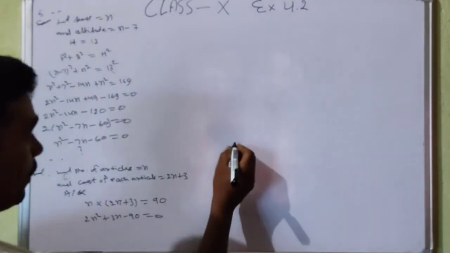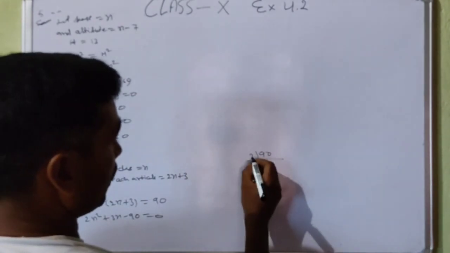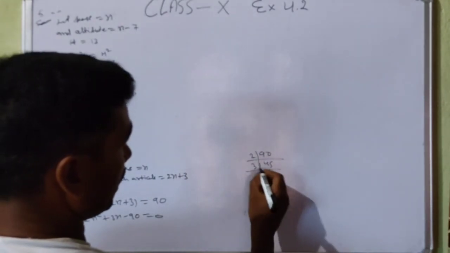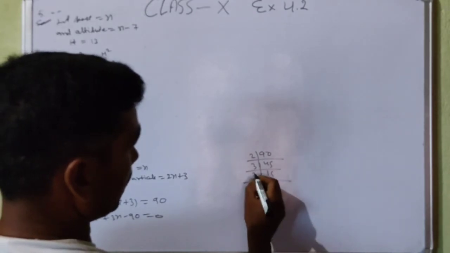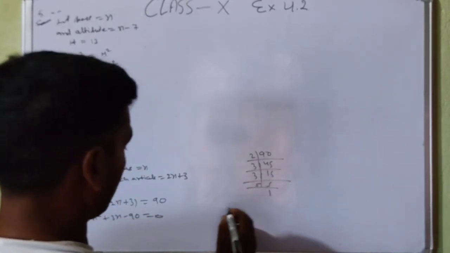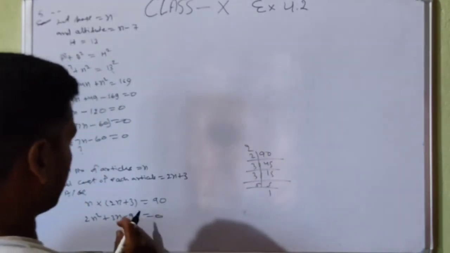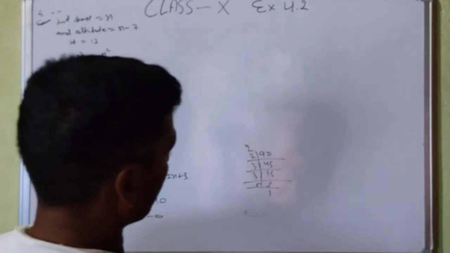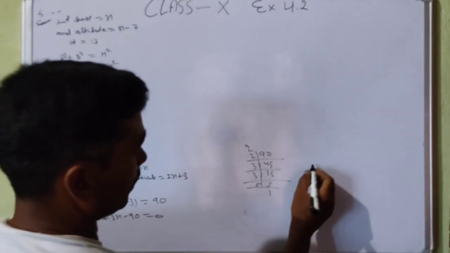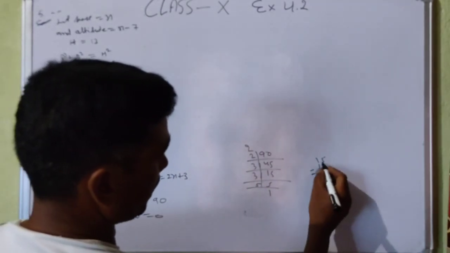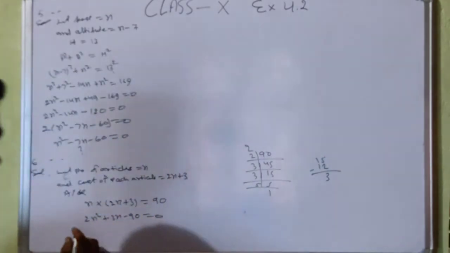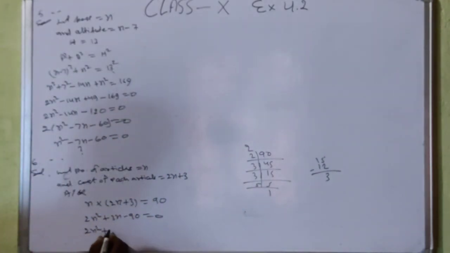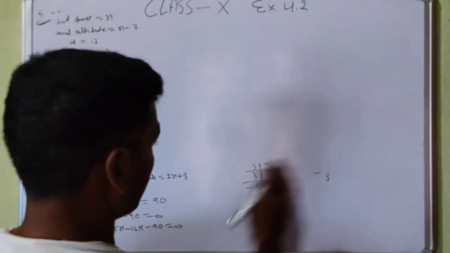So the factors of 90: 2 times 45, 3 times 15, 3 times 5, 5 times 1, and then 2 will also come. By subtraction that will become 2. So we take 12 and 15, 3 times 5 is 15, and then subtraction that will become 3. Yes, write it. So 2x square plus 15x minus 12x minus 90 is equal to 0.